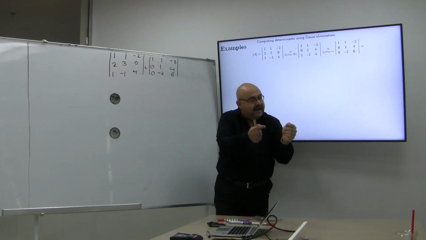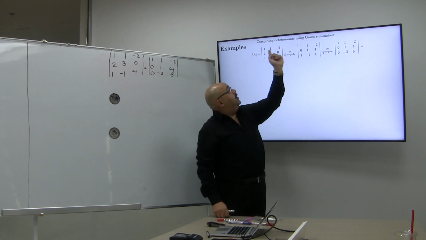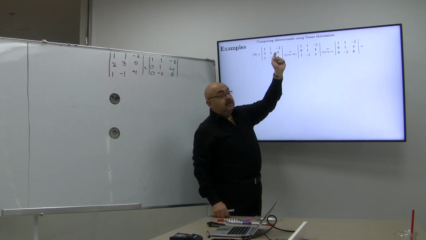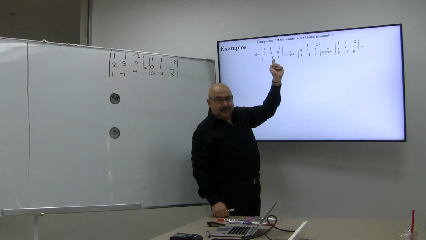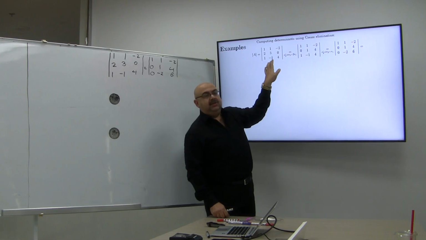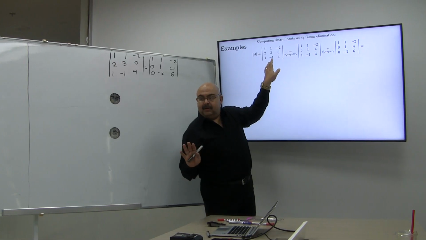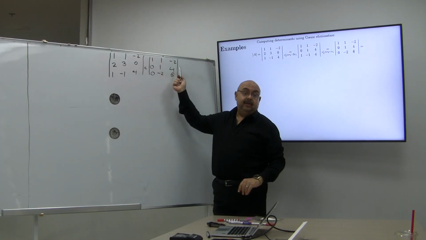So I'm using an advantage of this operation. I'm multiplying the first row by negative 2 and adding it to the second row. Then I multiplied the first row by negative 1 and added it to the last row. Once you do so, this determinant value is exactly like this one. We don't have to do anything. This is what I did.